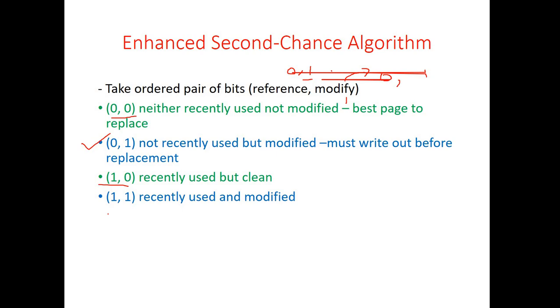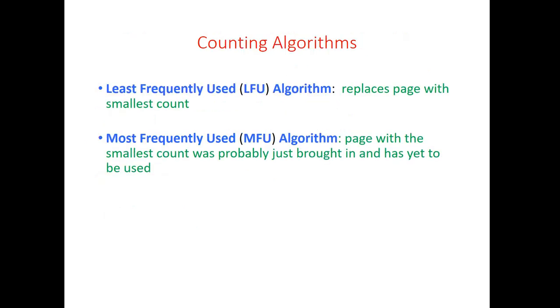Only if it is not available, we will try to replace a page whose reference bits are 1, 1. This is the order of replacing the pages, the preference order of replacement of pages in the physical memory when there is a need to identify the target frame.